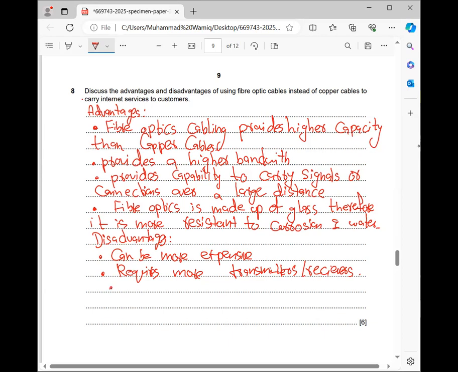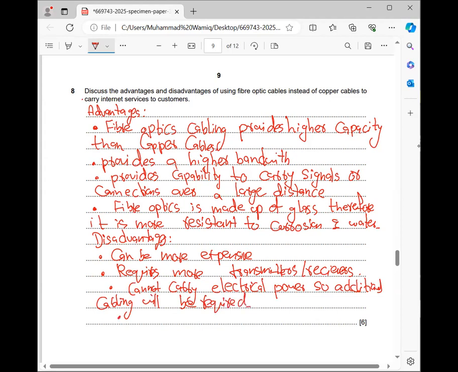So definitely the cost is increased, and it cannot carry electrical power. So additional cabling will be required to power it up.